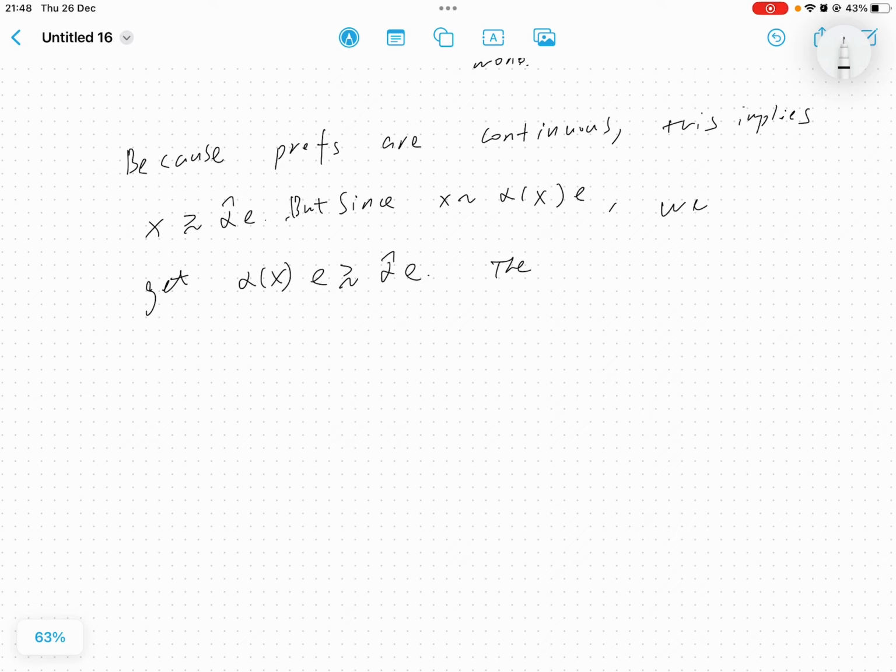And then similar for the other one, right? Similar for ruling out the other possibility that alpha prime is smaller than alpha x. So they have to be equal to each other, right?